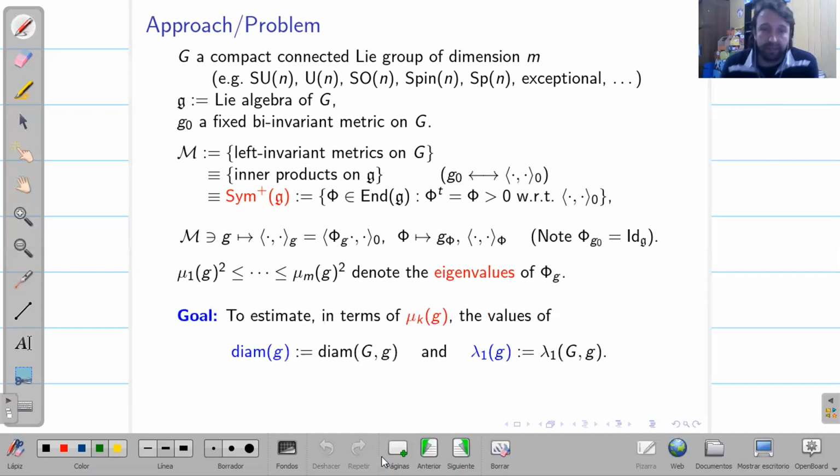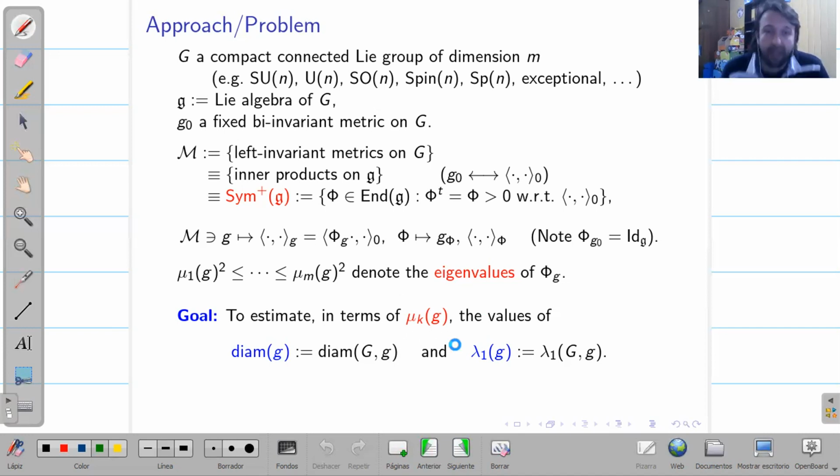And here is a more precise goal. We want to estimate, in terms of these numbers mu k, remember mu k squared are the eigenvalues, these objects, the first eigenvalue and the diameter, independently in terms of these values.